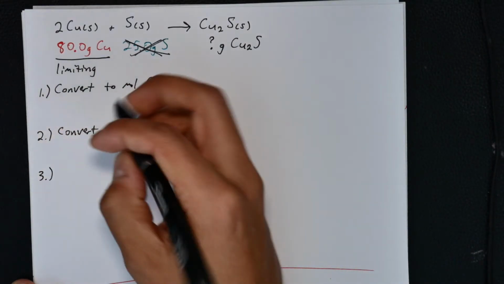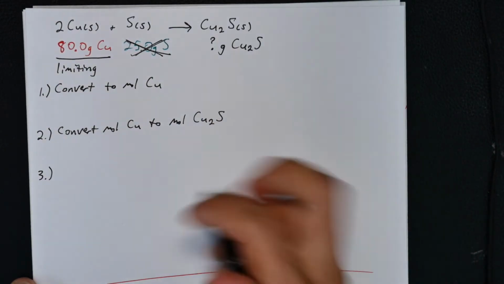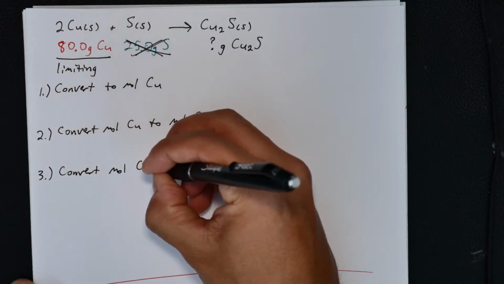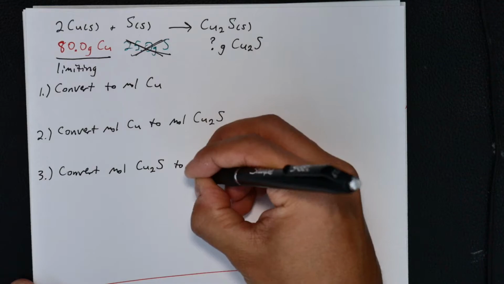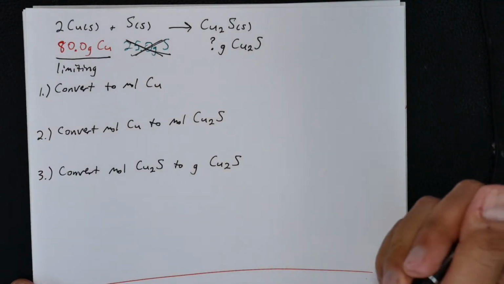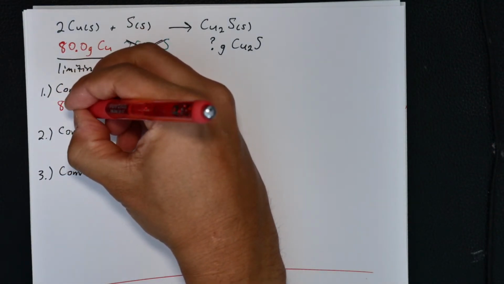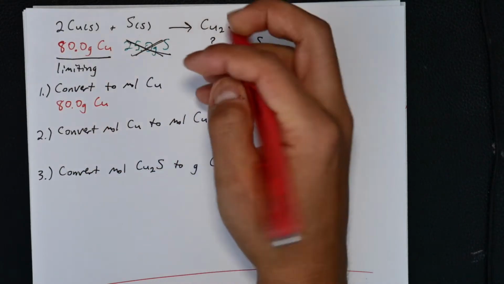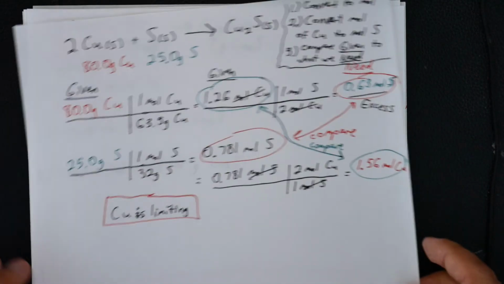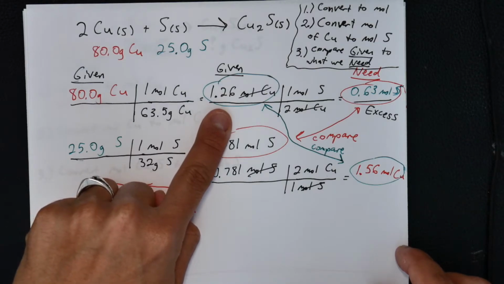And step 3 is to convert those moles back into grams: moles of copper 1 sulfide to grams of copper 1 sulfide, just like in the previous section of the chapter. Converting from our 80 grams of copper to moles of copper, we actually already did this in the previous problem. That was the first step we did: we took our 80 grams and converted it into moles. So we already have this math work written out.